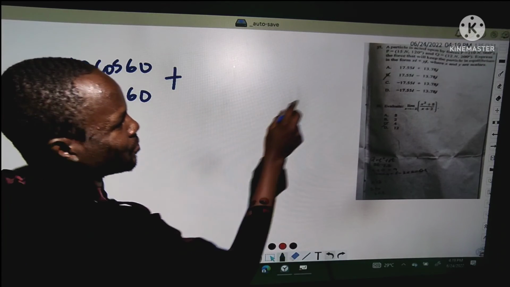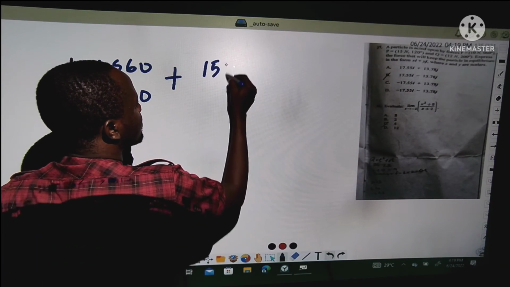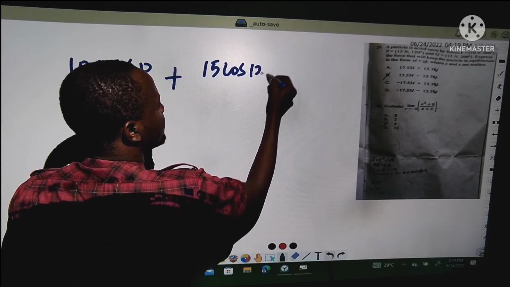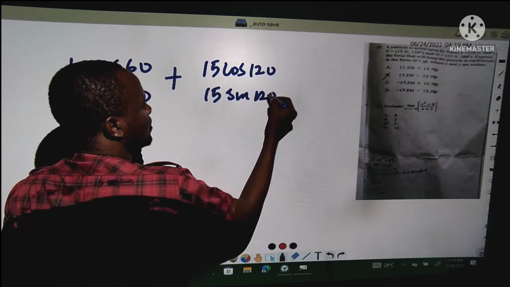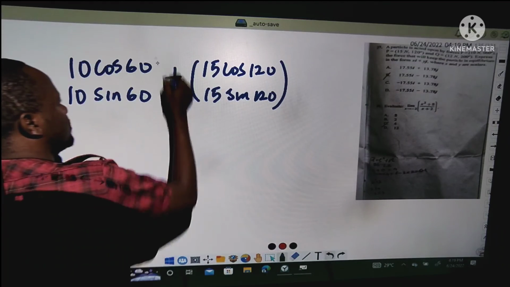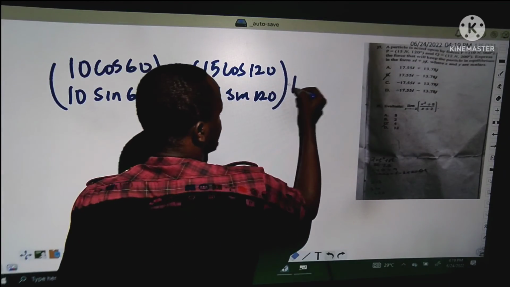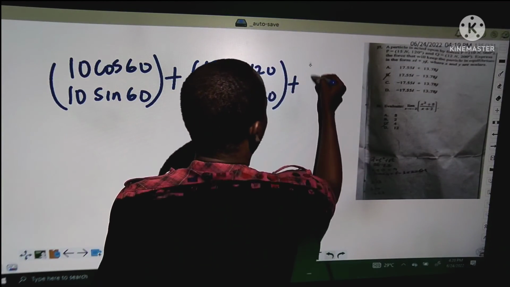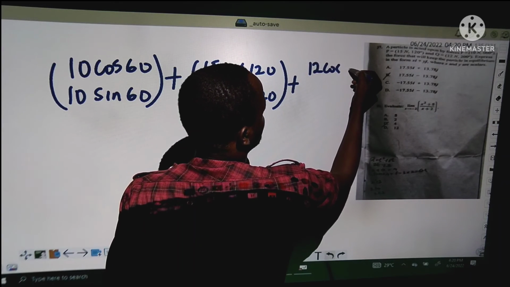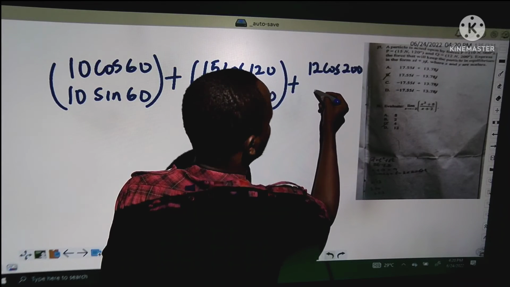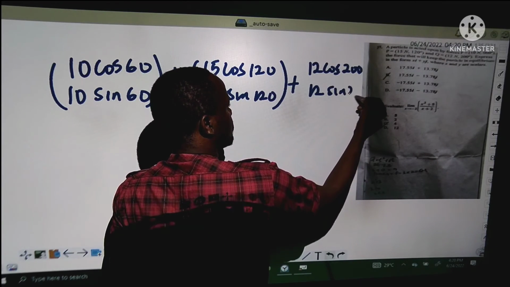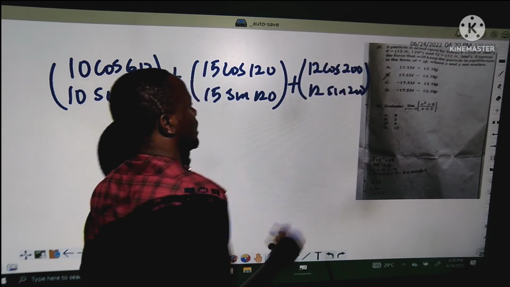Plus, I'll do it directly, you know the logic. 15 cos 120, then 15 sin 120. Then the last one, let me put it in brackets, is 12 cos 200. This is what is causing issue. Then 12 sin 200.